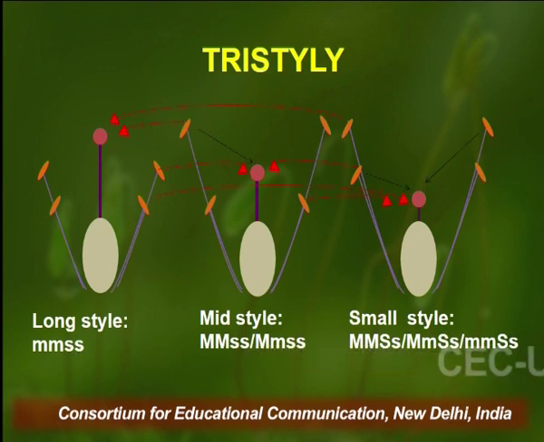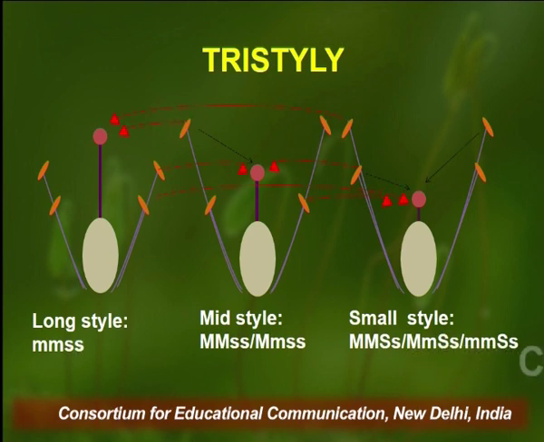Now, this is tristyly which you see here. Like I mentioned, there are three different style lengths present. The first one is the long style, the second is the mid style and then there is a short style. Another interesting feature is that, of course, there is variation in the length of the style. The anthers are present in two whorls, right.